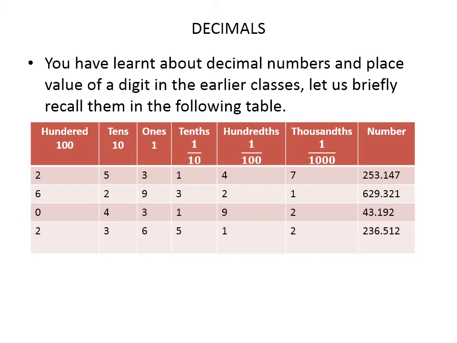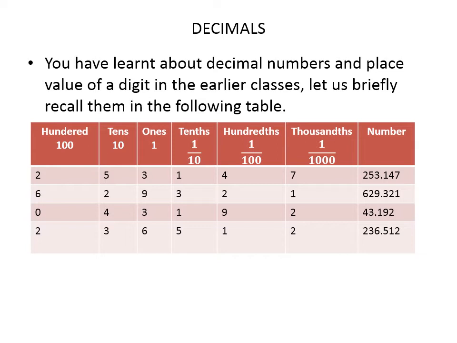Now 1 is at tenths place, 4 is at hundredths place and 7 is at thousandths place. Therefore 253147 can be written as the number 253.147. This is the decimal number.